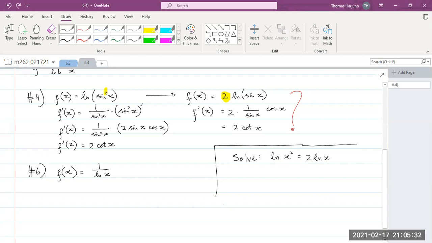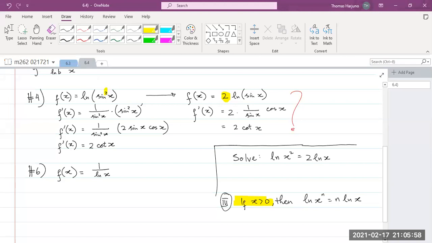The third property says that if the argument is positive, then ln x to the n equals n ln x. So they forget this requirement.